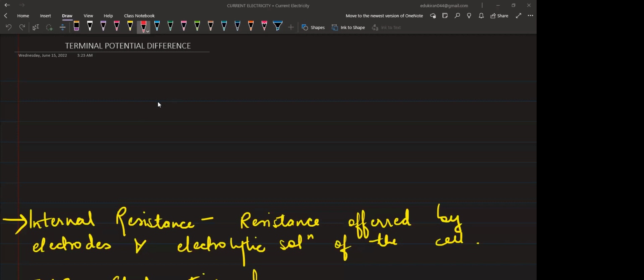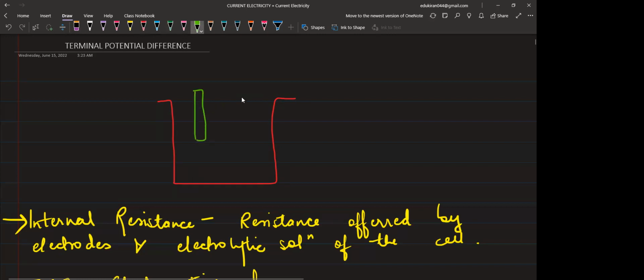Now, see, I'll draw the structure of a battery. Suppose this is the inside of a battery. When you see the structure, two electrodes are present. These are electrodes, and these are dipped in electrolytic solution.